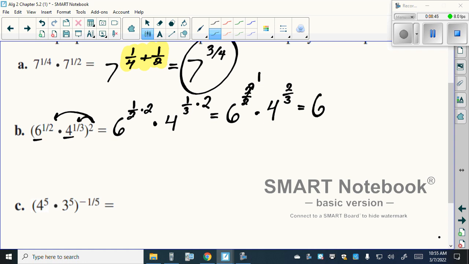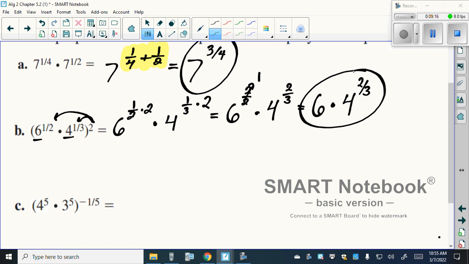So really we have 6 times 4 to the 2/3. And that's as simplified as it gets, because we don't have any fractional exponents in the denominator, we don't have any radicals in the denominator, and we don't have any fractions contained. That's as far as we have to go with this here.